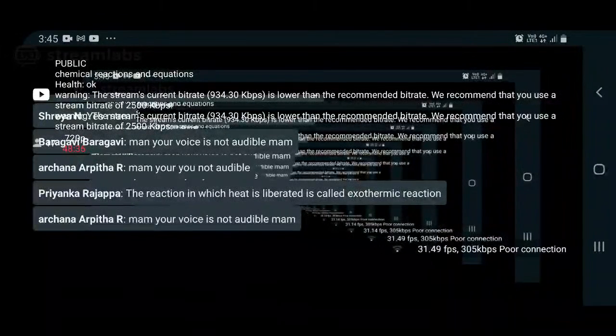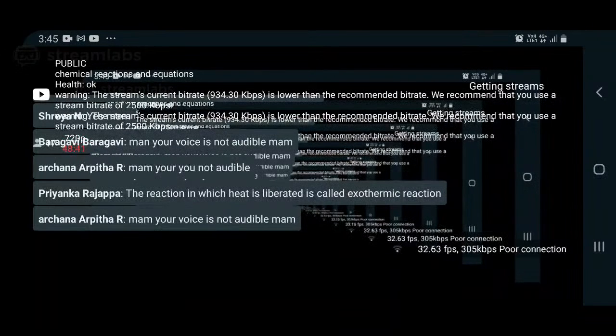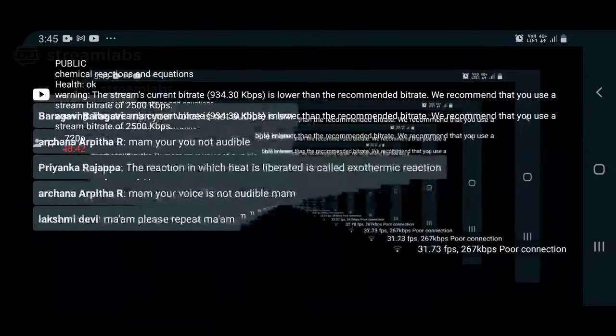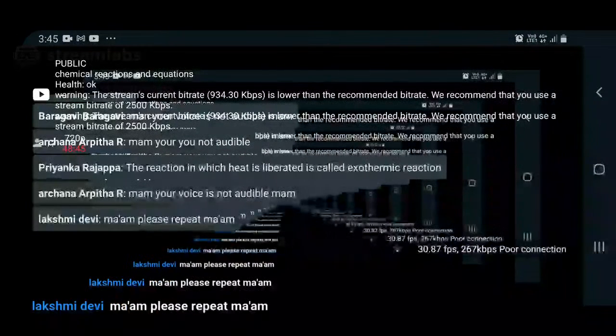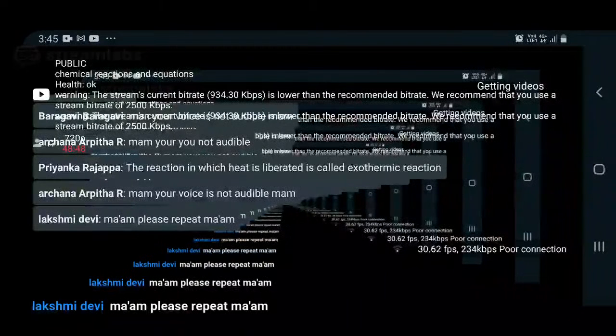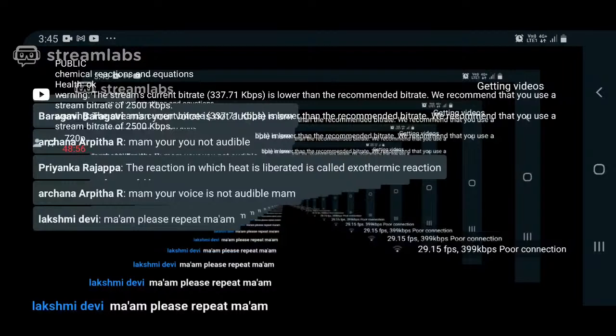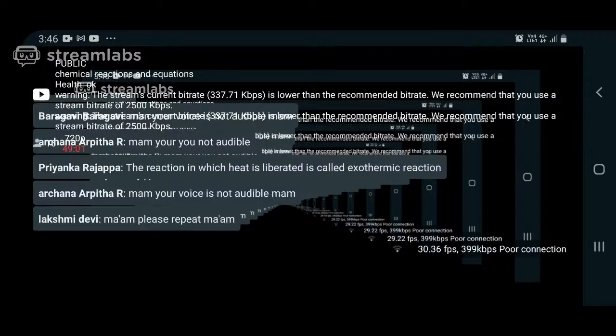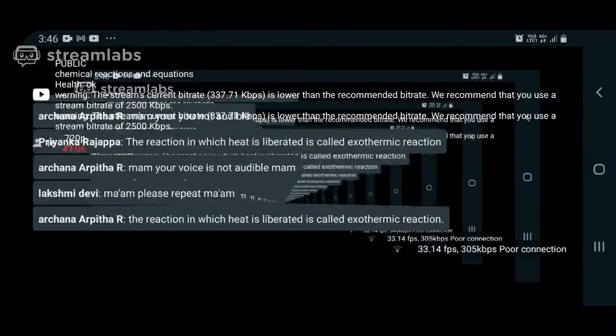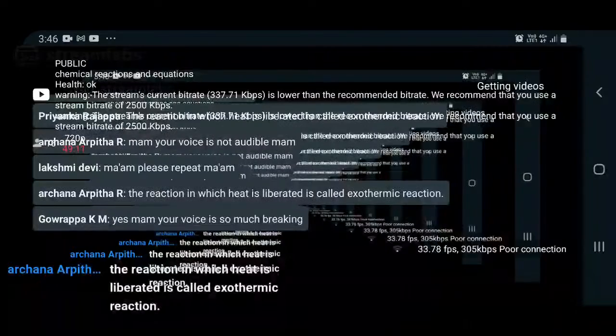Okay, we just completed chemical combination and exothermic reaction. Okay, I want to repeat, Diksha. An exothermic reaction is a chemical reaction where heat is released. During respiration and during combustion, heat is released, and those two are examples of exothermic reactions.